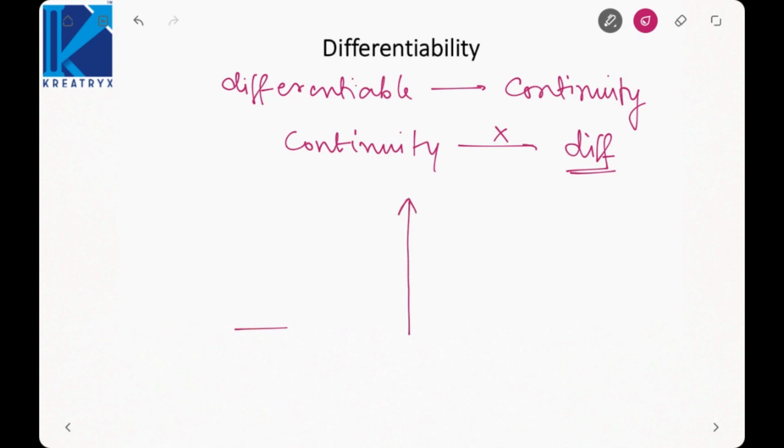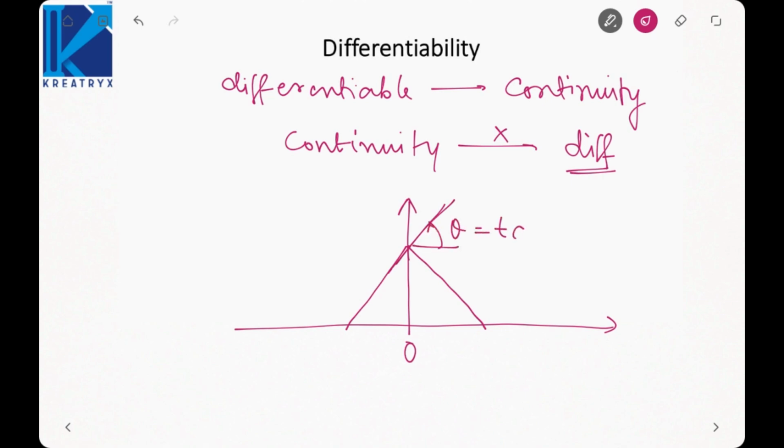Suppose I take a triangular function like this. Now as you can see, this is perfectly continuous. There is no sudden change anywhere. But now let us check the slope at 0. If you go just before 0, this will be my slope, that is tan theta. If you go just after 0, the slope will be negative. Here the slope is positive. Is it fine?